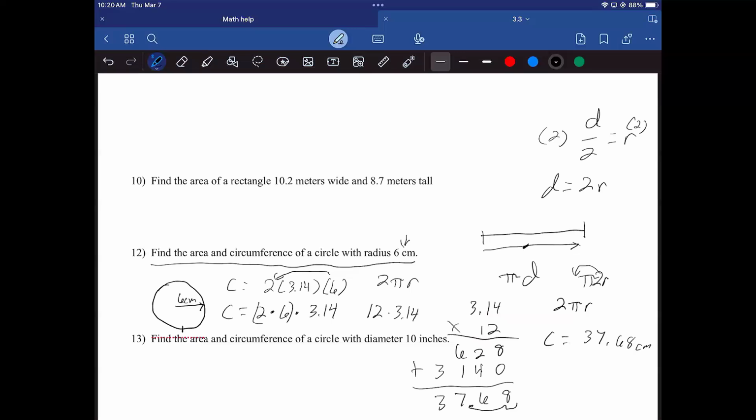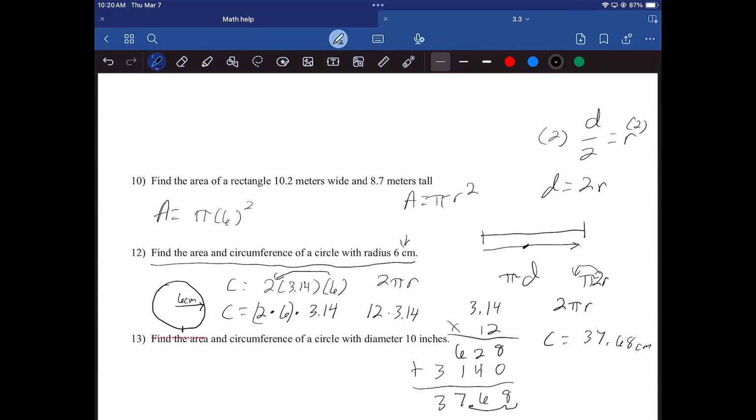All right, now the area. The area is found by the formula pi r squared. And so now r is 6, so the area is equal to pi times 6 squared.